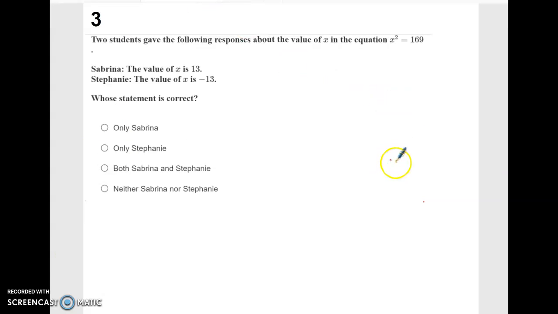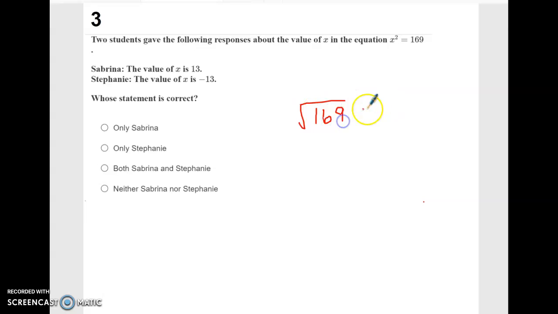Number 3. Two students gave the following responses about the value of x in the equation x squared equals 169. Sabrina said the value of x is 13, and Stephanie said the value of x is negative 13. When we're talking about square roots, there's always actually two answers.